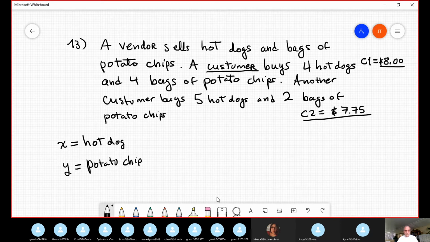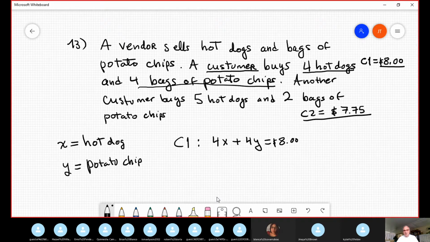So the first equation, for customer one: for hot dogs, a hot dog is x, so 4x plus 4 potato chip bags, 4y, equals 8. I don't know if you put 8.00 expressed like a dollar.